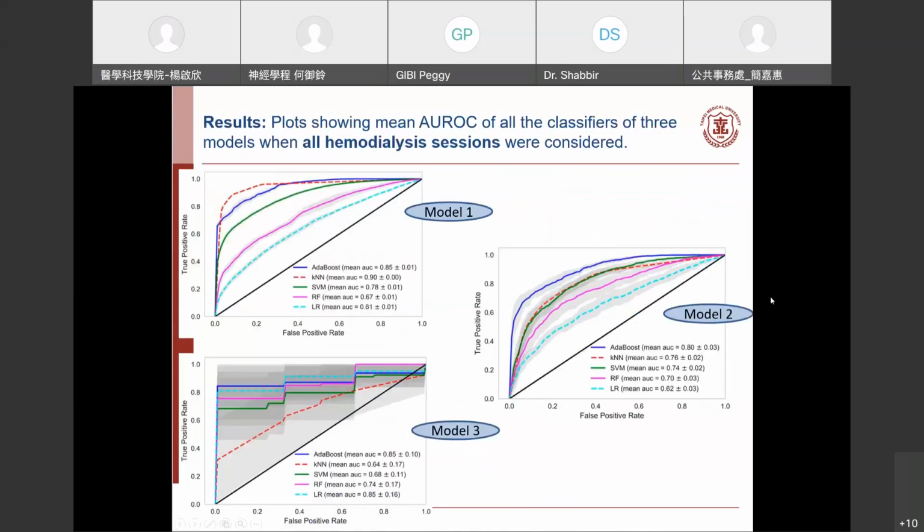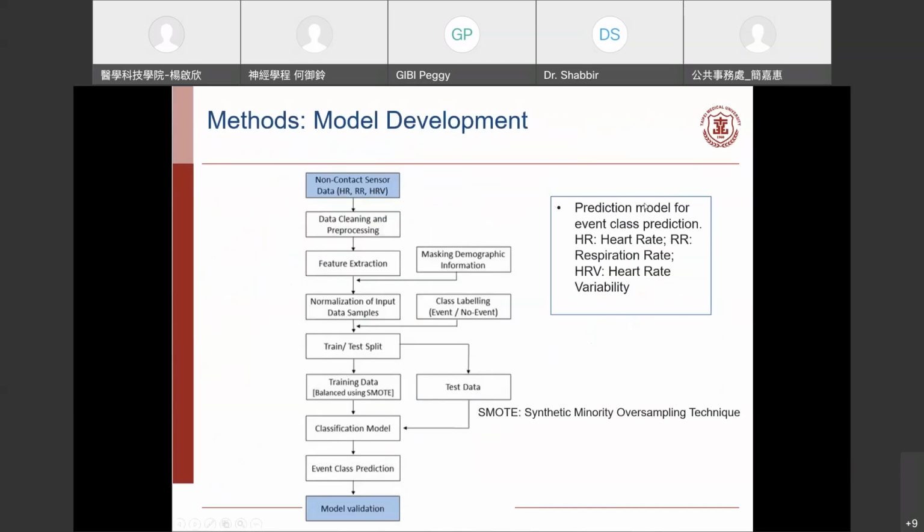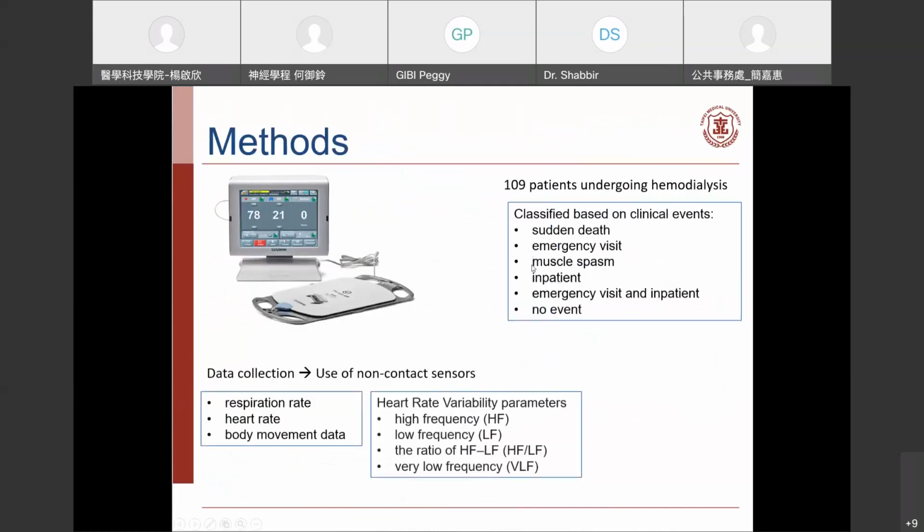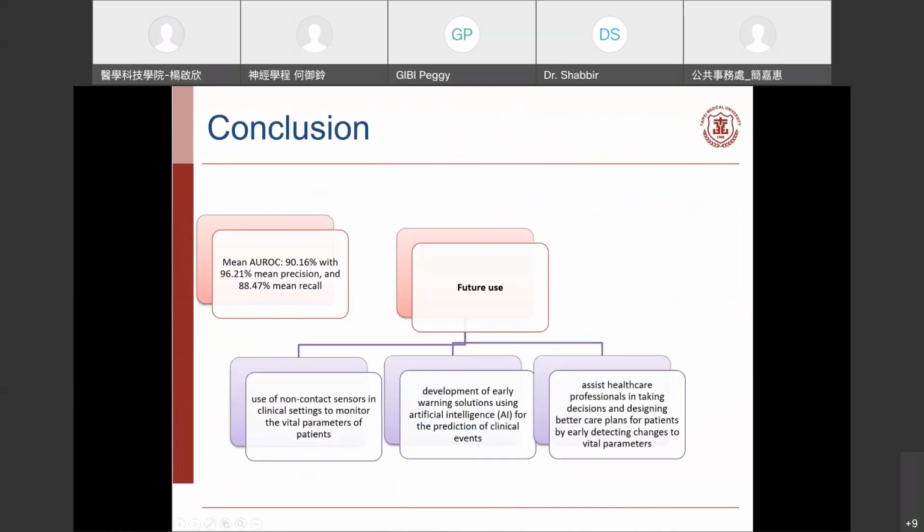So in that way, the prediction value was 85% to say whether in the next 2 months or 1 month the patient will have one of these clinical events. It was again published in Sensors. So here is the result.